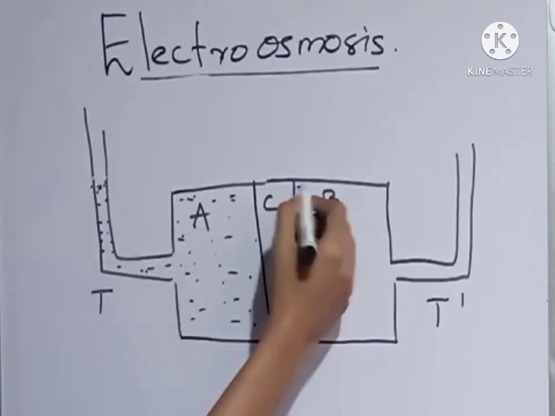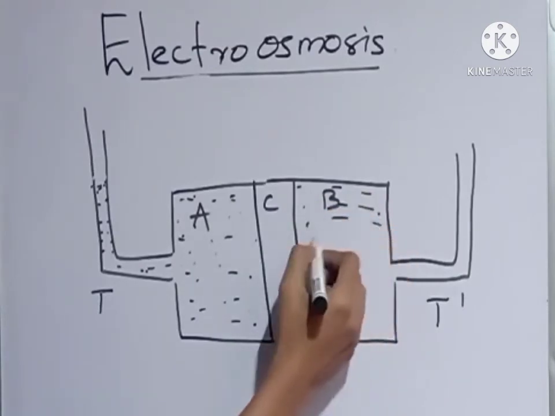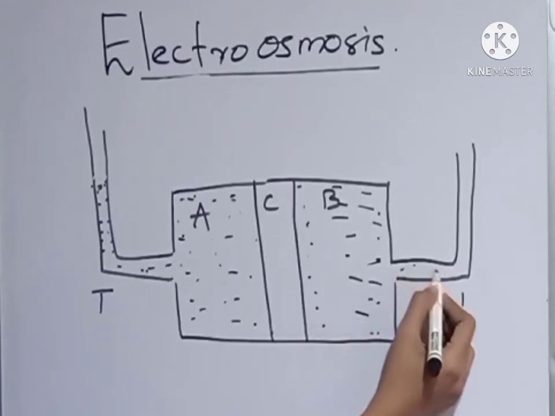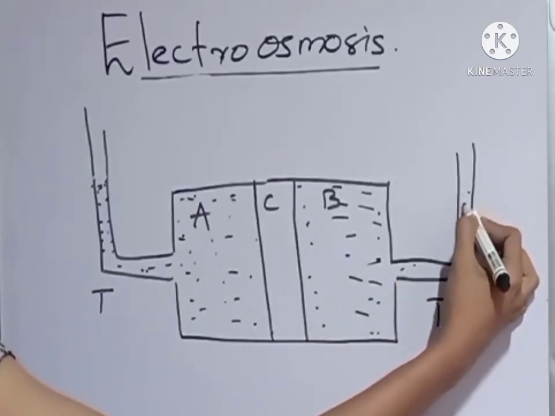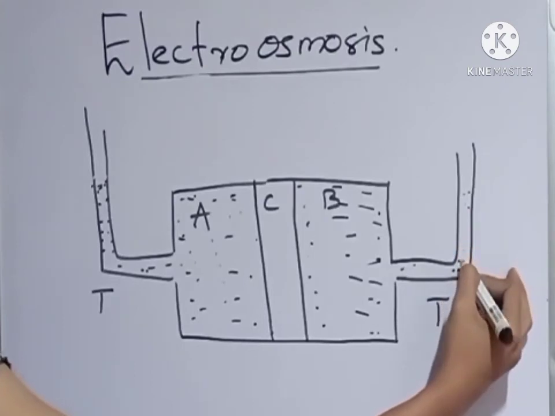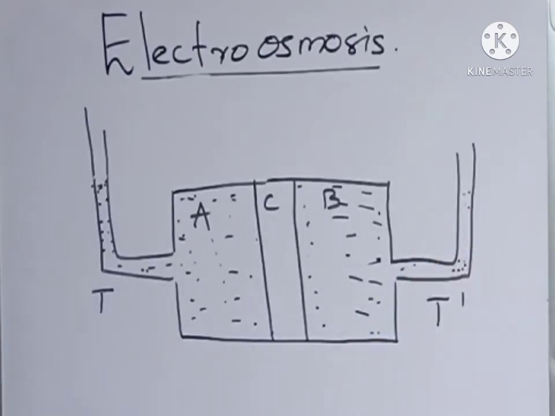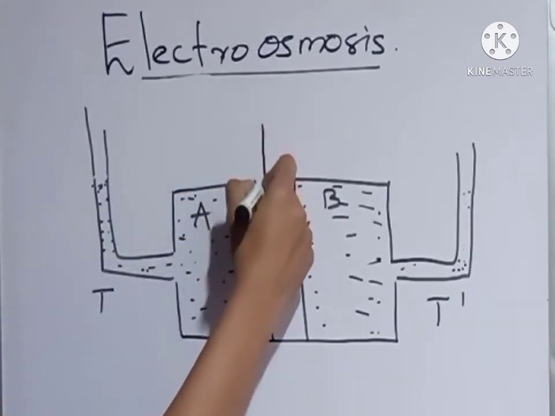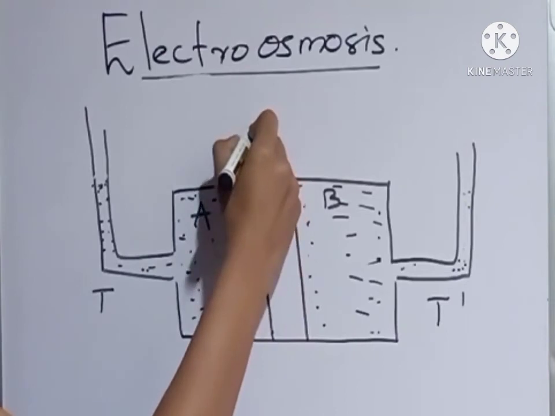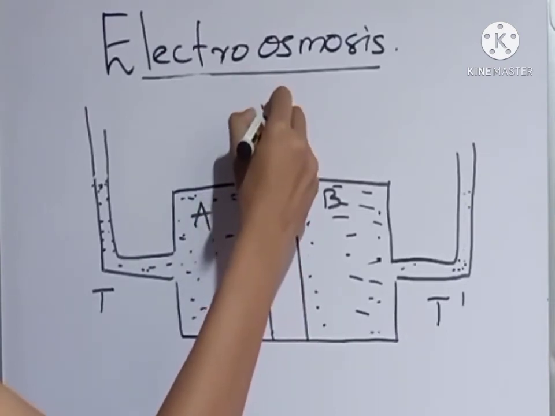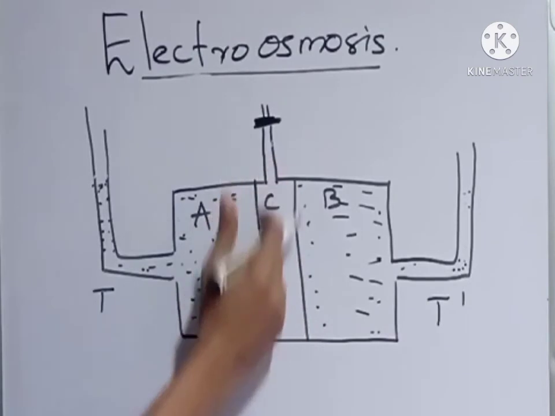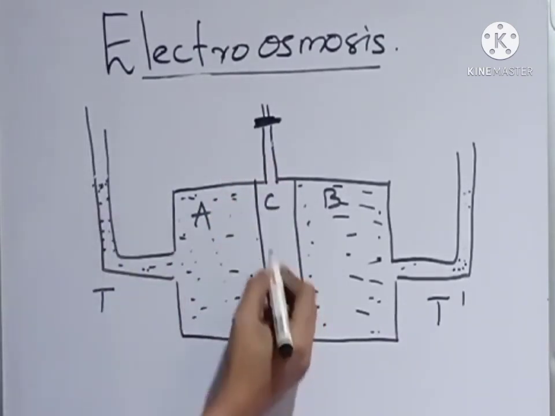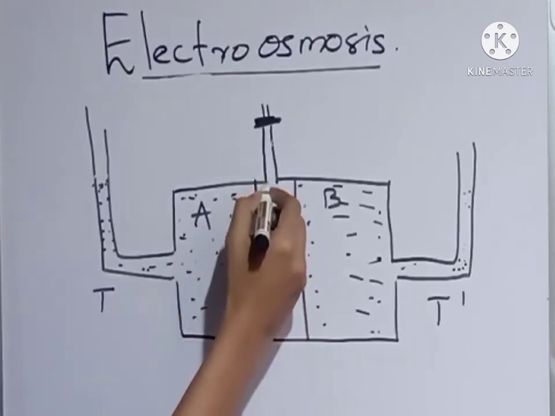So A and T are filled with water. B is also filled with water, and the water level is in T dash also. And our colloidal particles are filled in section C. Okay, colloidal particles are filled here.